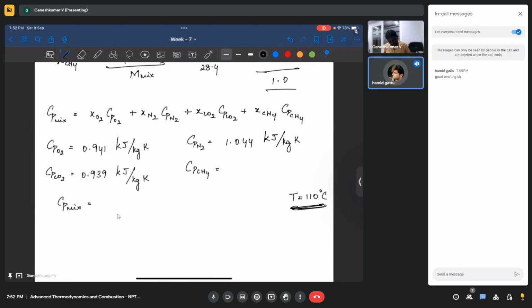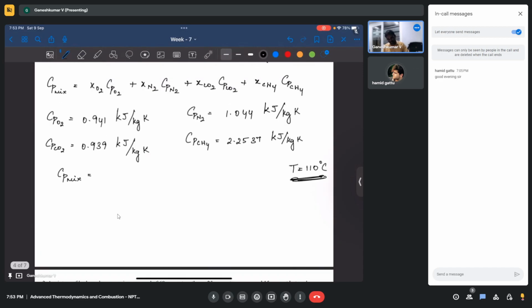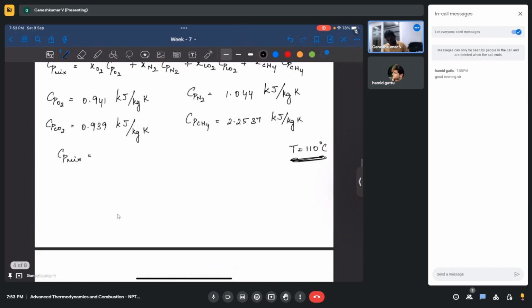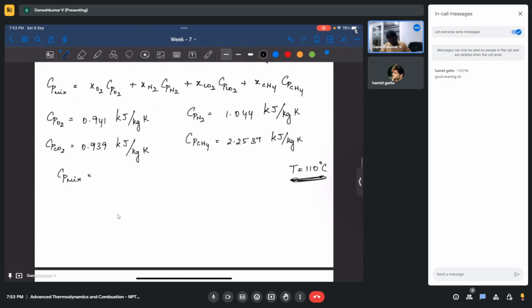And for methane I don't have any data. But in NASA polynomials or Janaf polynomials, you will get the data. That is fine. Say if you calculate it, how much are you getting?